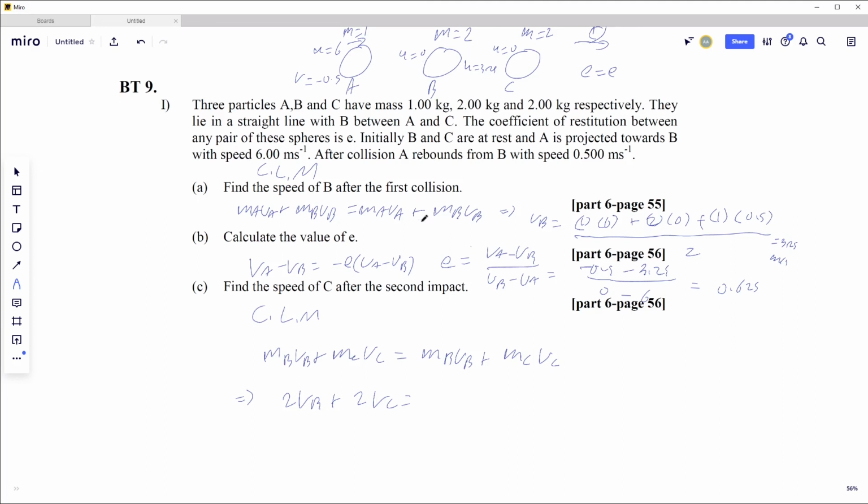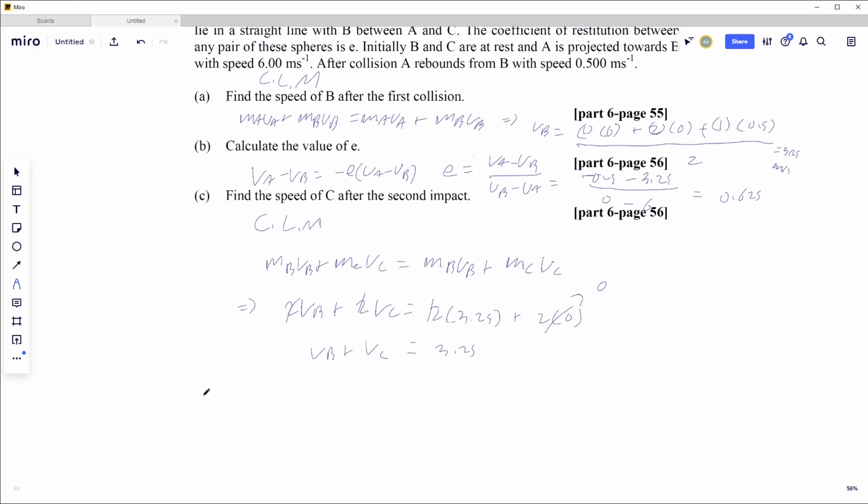That was its speed, so 2 times the initial, which is 3.25, plus 2 times 0, so it's 0. Just divide: VB plus VC equals 3.25.